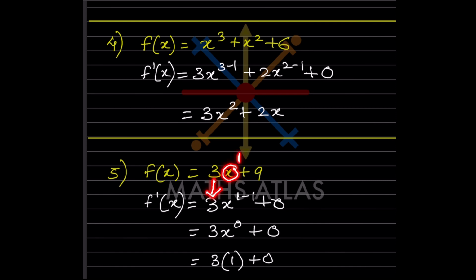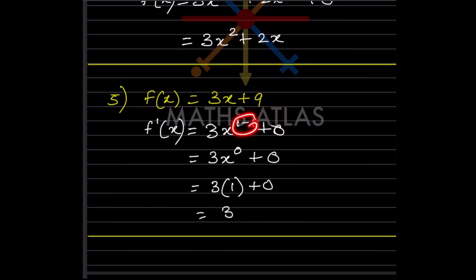So this is going to be 1. So that will be 3 into 1, x raised to 1 minus 1. And for this one we are going to write 0 because this is a constant without any variable. So this is going to be 0 plus 0. So this will be x raised to 0, that is going to be 1, plus 0.